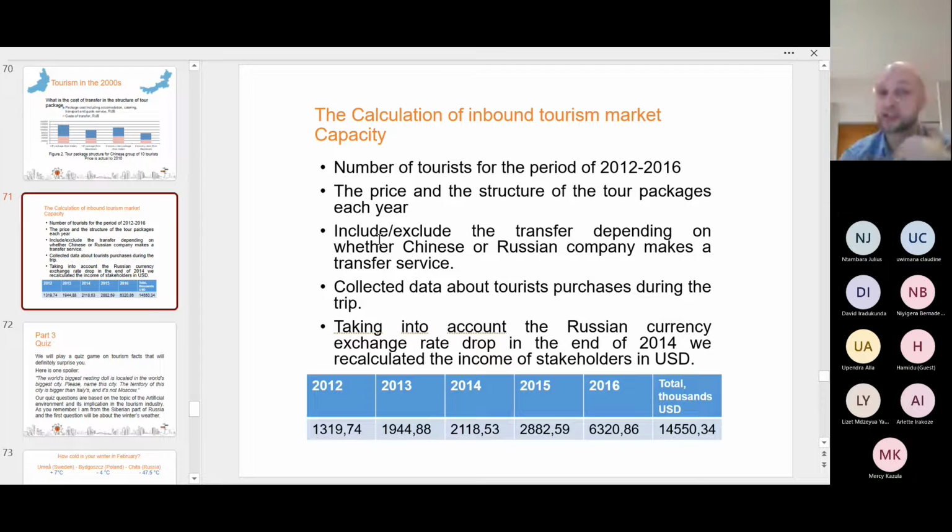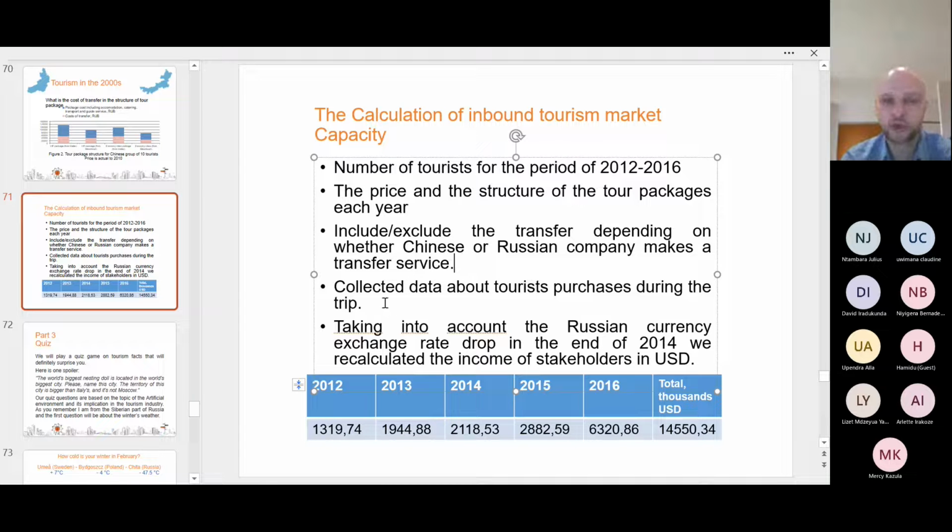Then we include or exclude the transfer depending on whether a Chinese or Russian company provides the transfer service. If it was a trip from Hailar, it was operated by the Chinese airline company, so in this case we just deduct this money. In case it was done by the Russian railway company from Manzholi, we include it. Then we also collected data about tourists' purchases during the trip.